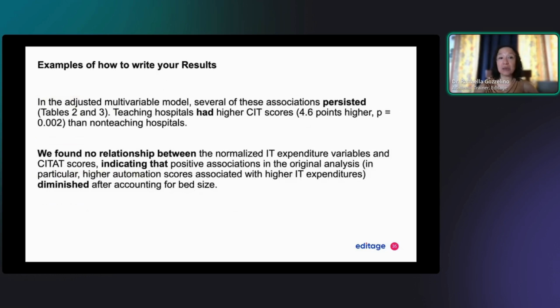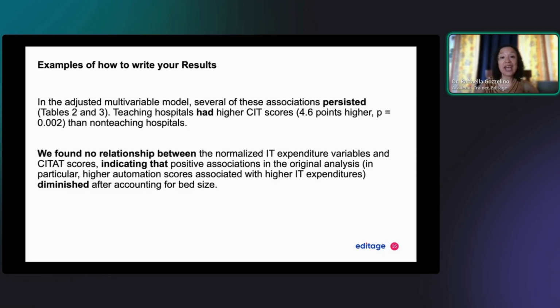And these are examples, right, of how to write it. For instance, in the adjusted multivariable model, several of these associations persisted, and then you insert the table for people, to direct the reader to see the table.